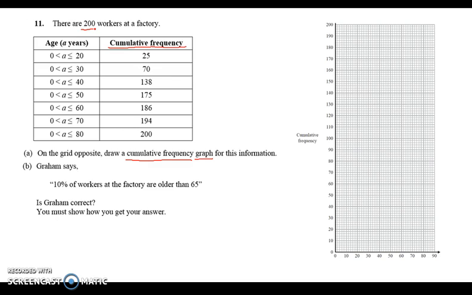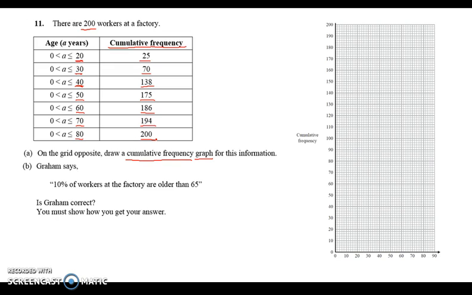It's telling you how many people are less than 20 at the factory, or less than 30, or less than 40. Okay, so we always use these upper bound numbers in the classes to plot the coordinates against the cumulative frequency. So I'm underlining the numbers that we're going to use to plot our cumulative frequency.